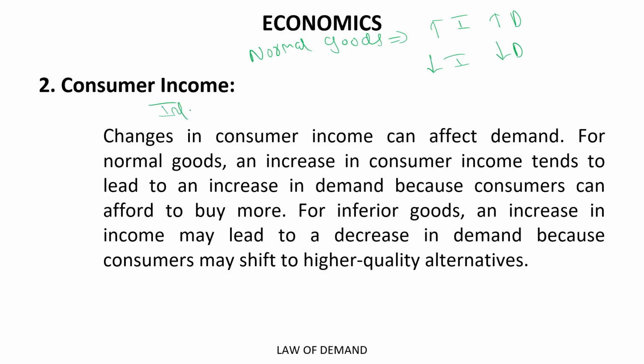In case of inferior goods, a rise in income results in a decline in demand, and a decline in income results in an increase in demand. So just make this flowchart. I am giving you 10 seconds. Okay, so your time starts now. 1, 2, 3, 4, 5, 6, 7, 8, 9, 10.